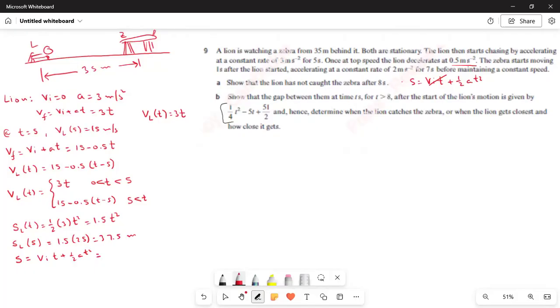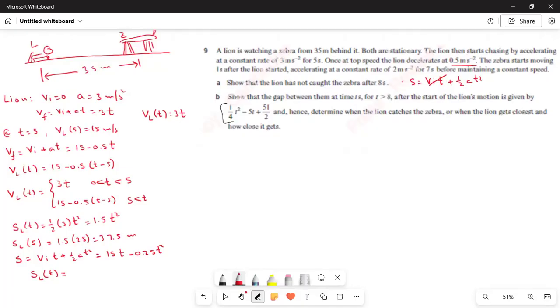So Vi at this point, I calculated, is 15, so this is 15t, and acceleration is now negative, so it's going to be minus 0.25 t squared. Okay, if I try to write this expression, distance of the lion as a function of time, first of all, time I will not write as t, but I will write t minus 5, because I'm talking about 5 seconds later.